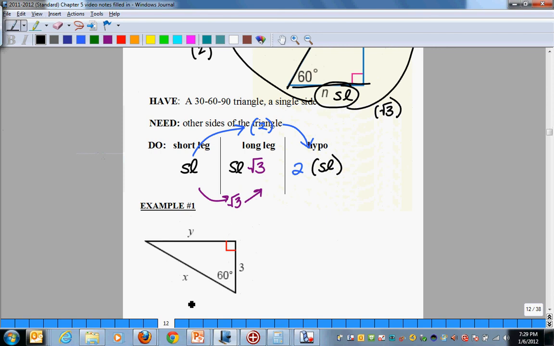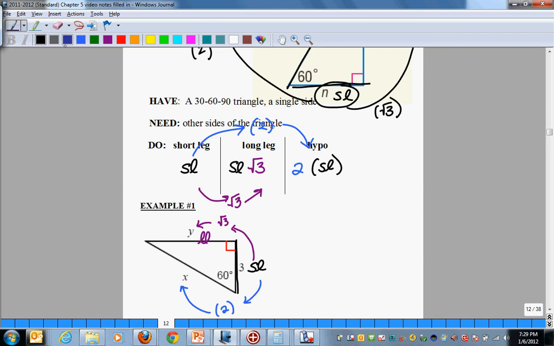So here we have a triangle, and 3 is our short leg. So we're just going to write SL here. To get the hypo, we have to times by 2. But to get our long leg, we have to times by root 3.